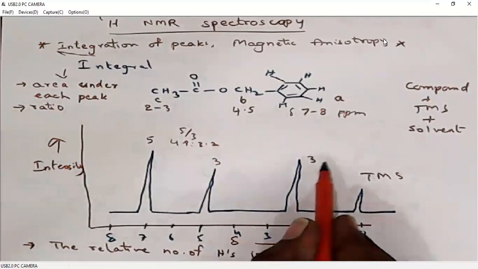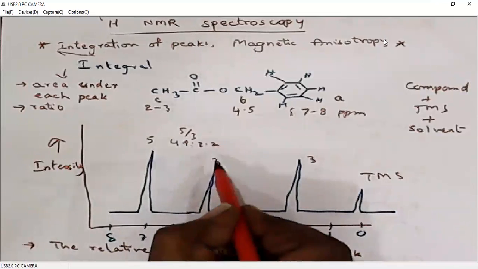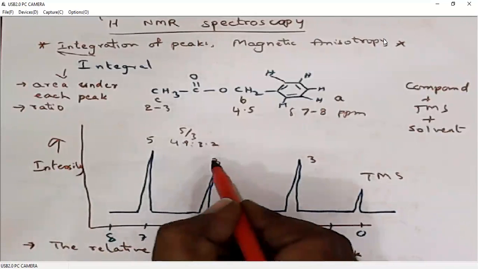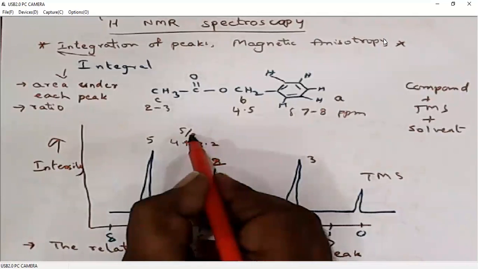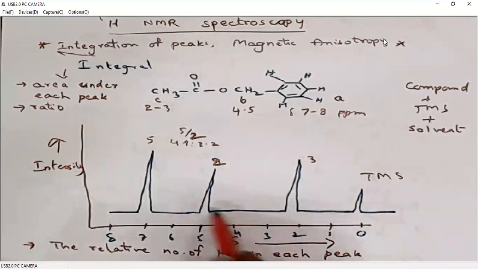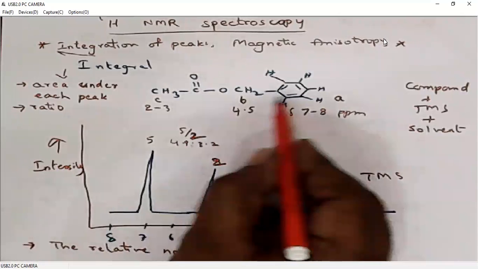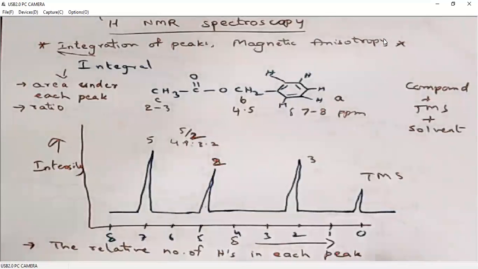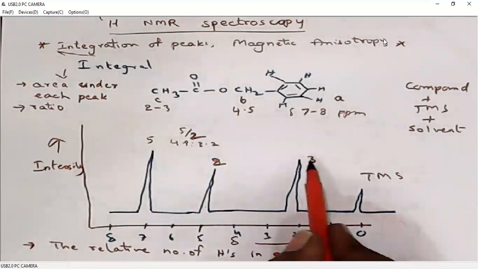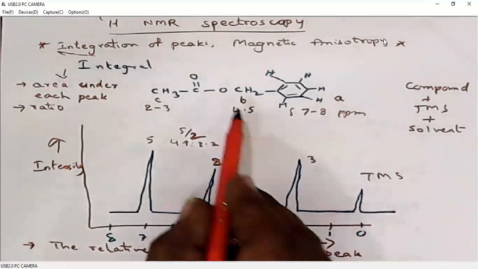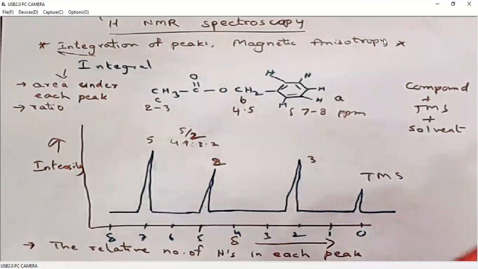When I give 3 to this, automatically this other one should be 2 protons, right? The area under the other peaks will be adjusted accordingly. So we are giving 0 to the TMS peak, and similarly we will give a value to a known peak. If you know any one peak, at least one peak, that is enough.